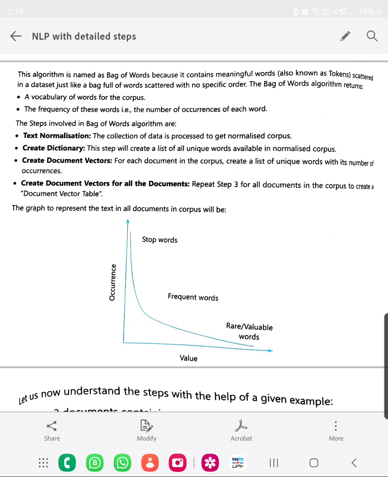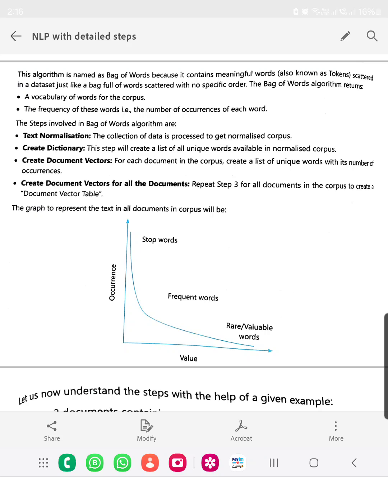Then we create document vectors. What is the meaning of document vectors? In each document, we mark how many of the dictionary words are used in that document and how many times. So if the sentence is "Hello, how are you?", hello is used one time, how is used one time, are is used one time, and you is used one time.